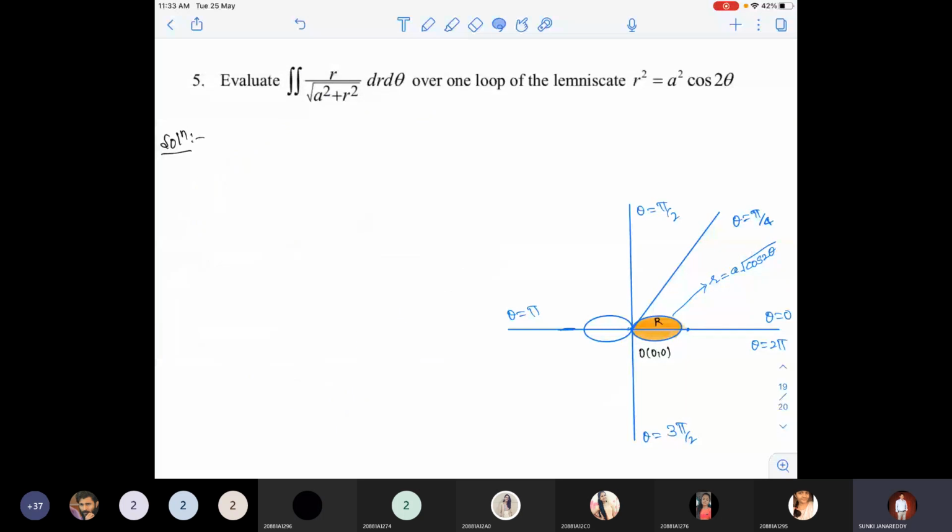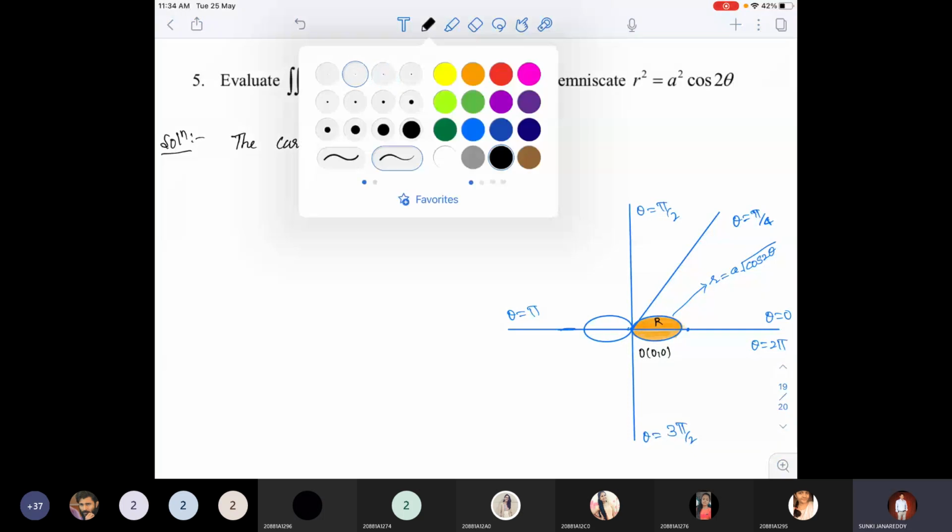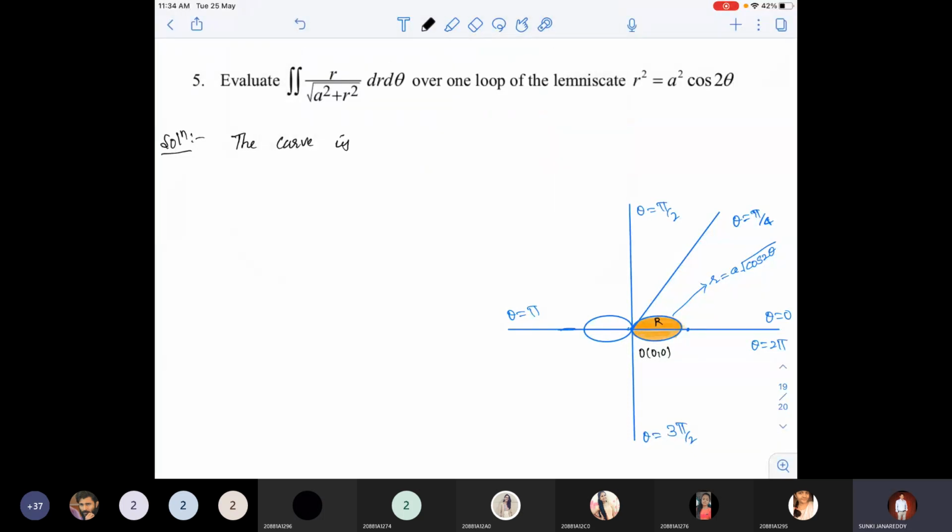Okay, in the lemniscate, first write down. All of you write down carefully. The curve is symmetric about the both the axes. Is it visible?